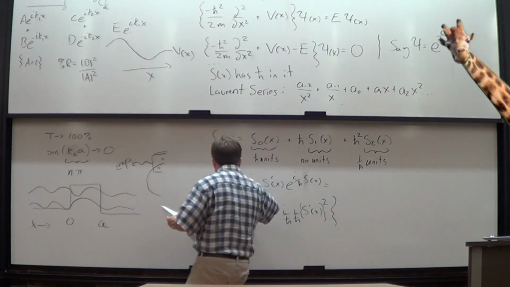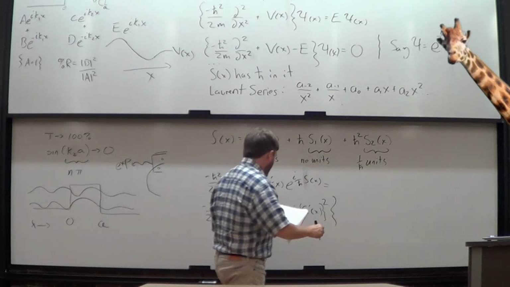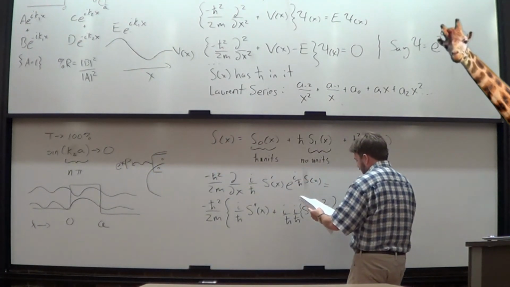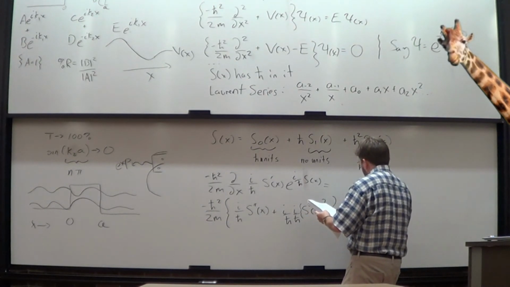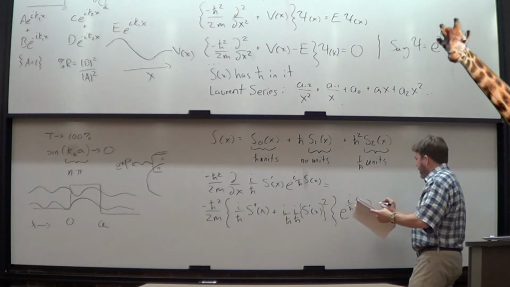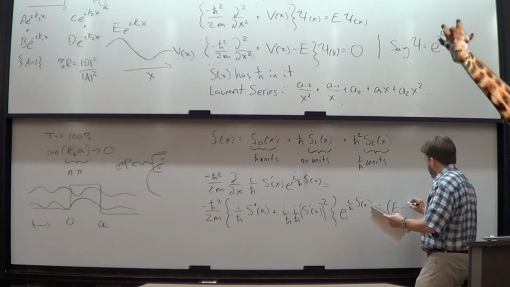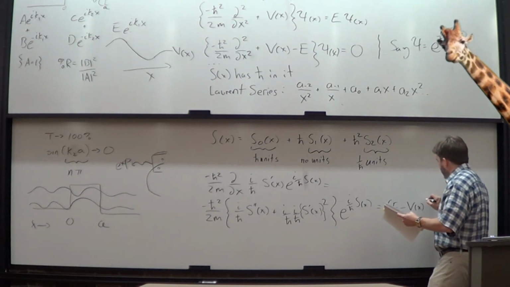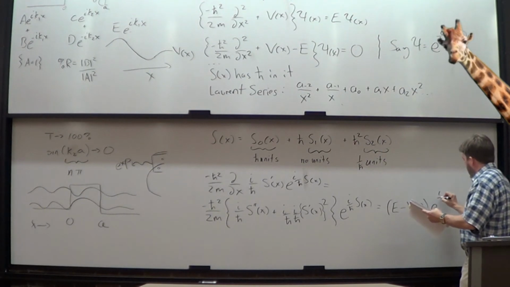Sorry, this bracket needs to be bigger, or it's not perfectly symmetric. There we go. And then all this is multiplied by e to the I over H bar s of x. So I just factored that out. And on the other side, we have e to the minus, so I just move that on over. I've done a couple of steps of algebra.